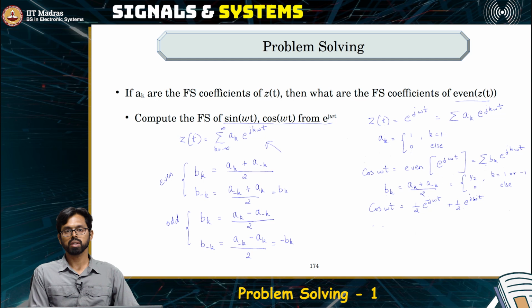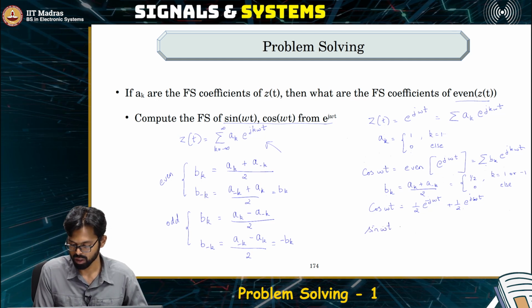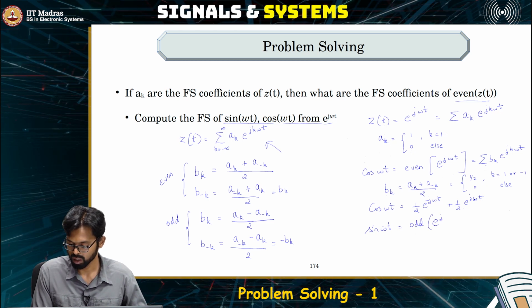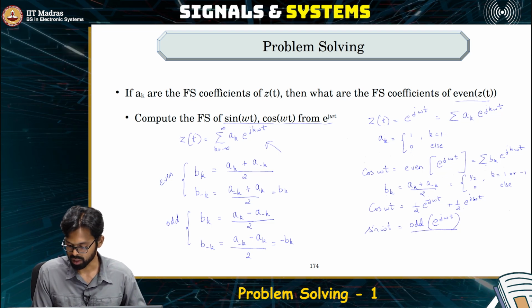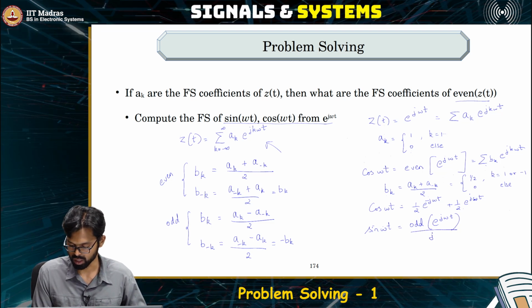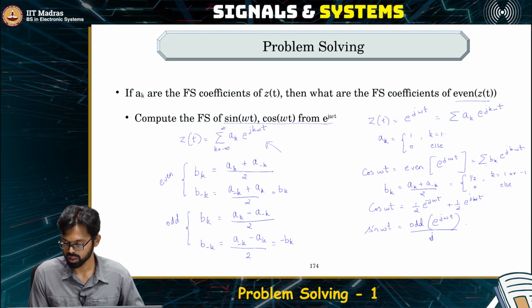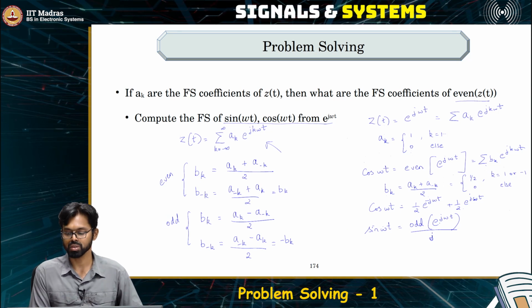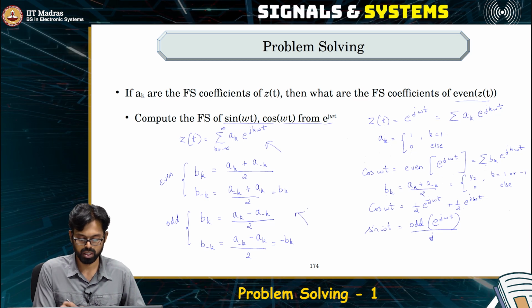So we can do a similar thing for sin omega t as well. So sin omega t is equal to the odd part of e power j omega t divided by j. Alright. So what we need to do is just first compute the coefficients of the odd part. And what is the coefficient of the odd part from this relationship? We can find that out.